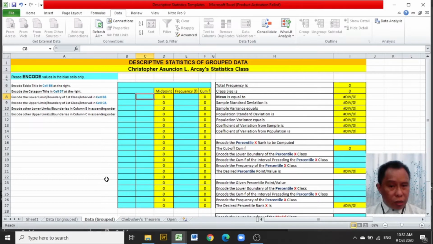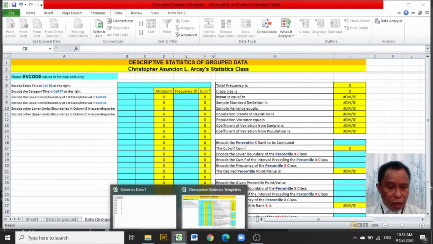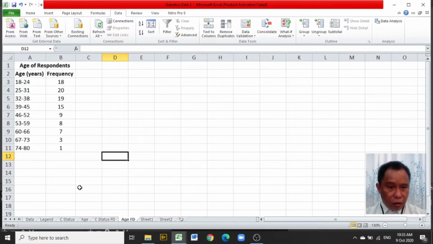So, let's proceed computing the descriptive statistics by the use of the Excel template. Let us use the data on the age of respondents. Here is the data on the age of respondents with the given group frequency distribution.